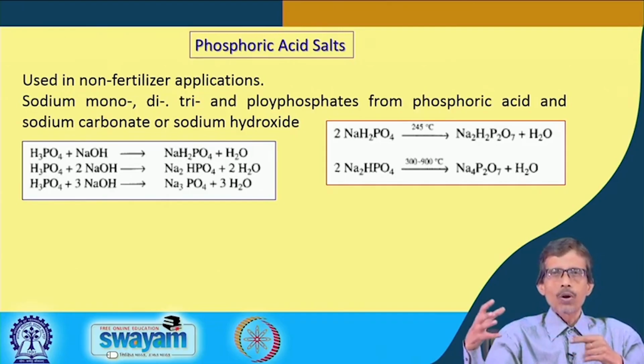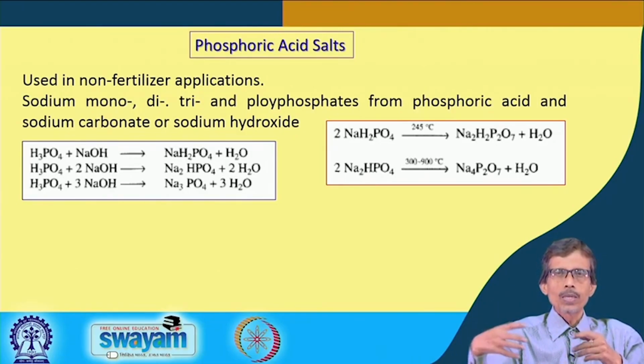So a large number of salts we can make, because property-wise all these salts are different depending upon the cationic form you get in that particular phosphate salt. So what we will be getting is the corresponding phosphoric acid salt. When the reaction is 1:2, we get the corresponding disodium hydrogen phosphate.